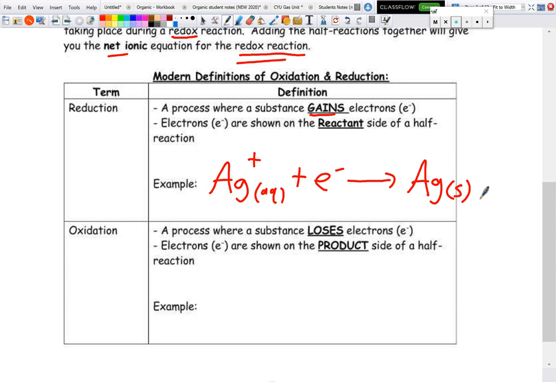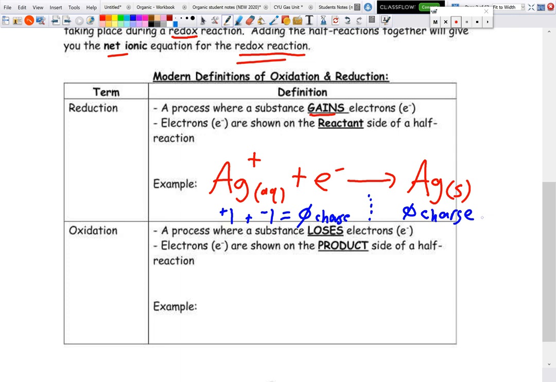We know we have one silver and one silver, so mass is balanced. But when we look at balancing the charge, we have a +1 plus, and electrons carry a -1 charge. So on this side of the equation, we have a 0 charge. And on our product side, we notice the element, there's no charge up here, so it has a 0 charge as well. That's how we balance by both mass and charge.